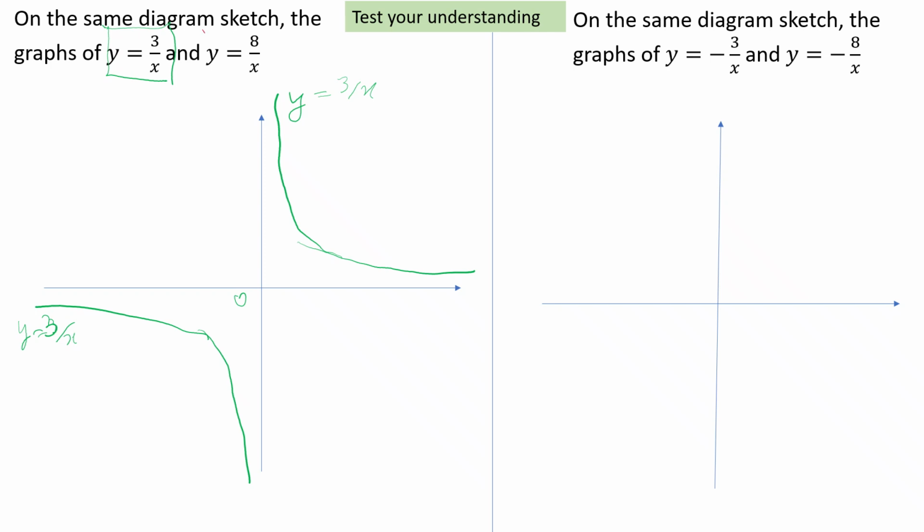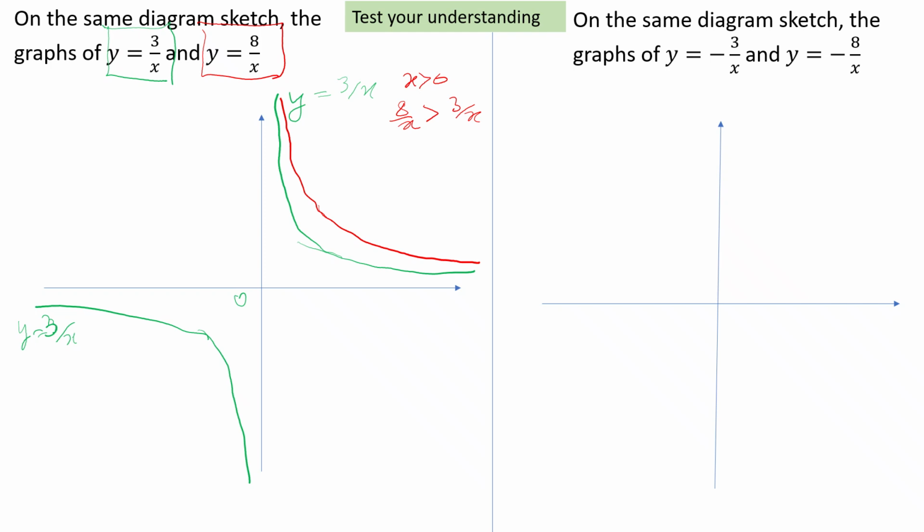Now let's do the second graph. I'm going to draw a red line, y equals 8 over x. You can see when x is greater than 0, 8 over x is greater than 3 over x. So the graph is above the green graph. That means for the same x value, the y value is bigger than the green graph.